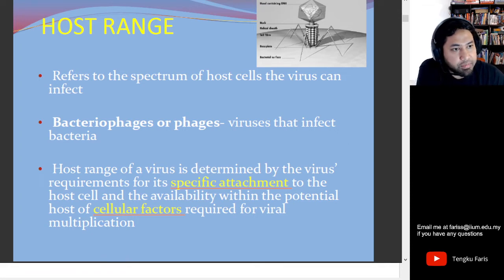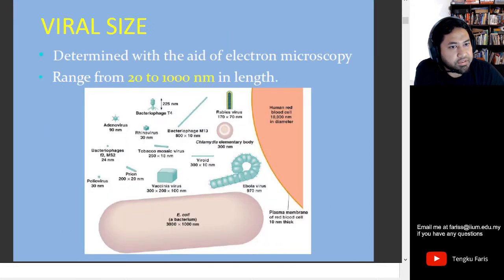There are certain materials that attract the virus to bind. Some viruses don't have the susceptibility or the opportunity to bind to the host cells due to a different structure or different nutrients present on the host cells.